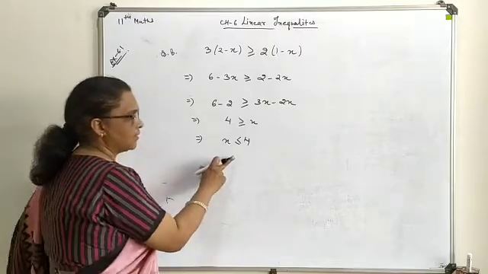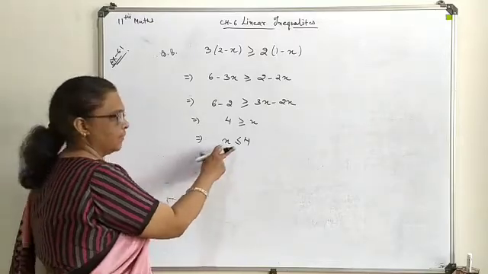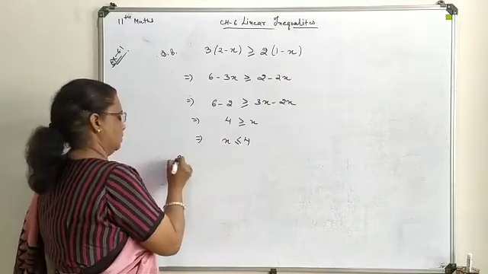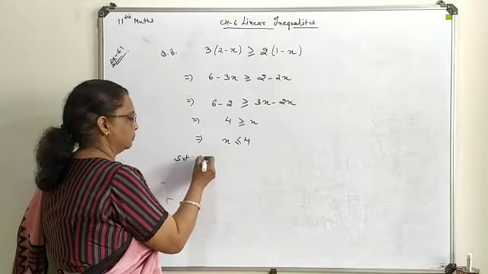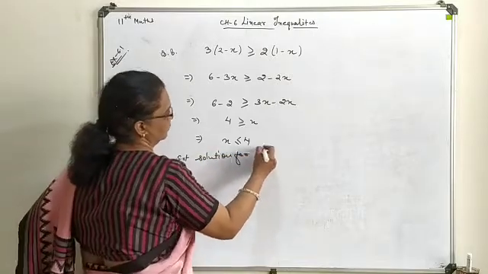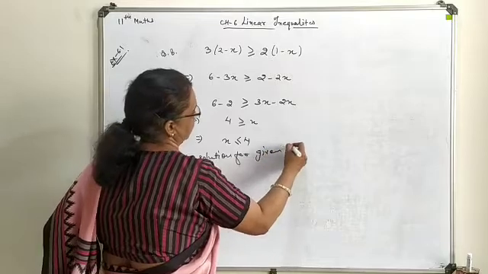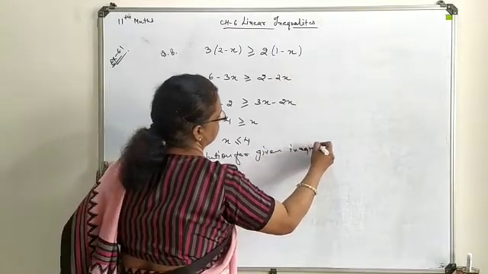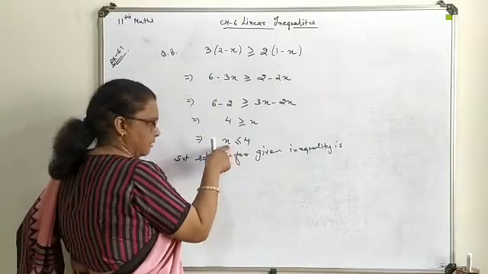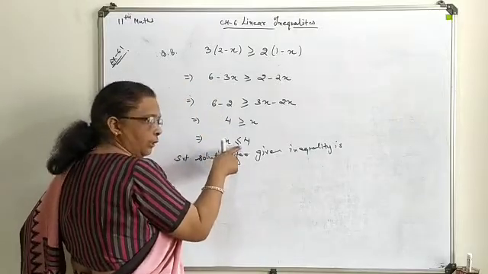So the answer again you will write in the real number set including this 4. So the solution set for the given inequality is x is less than or equal to 4.